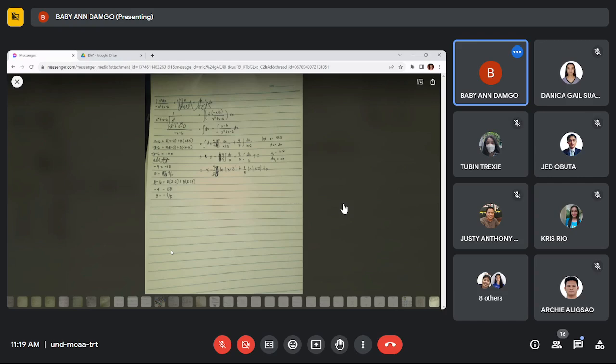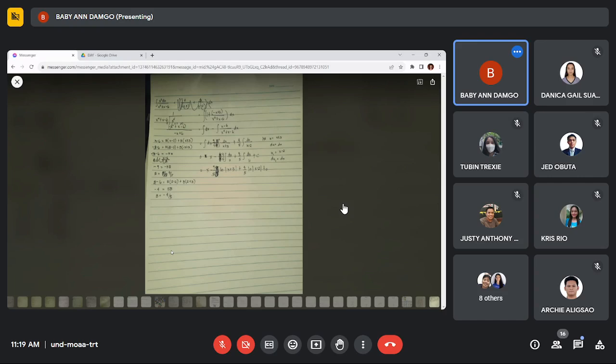Okay, so multiply both sides by its LCD. We have x plus 3 times x minus 2. So we have x minus 6 equals a times x minus 2 plus b times x plus 3. Okay, so we will use the first technique.